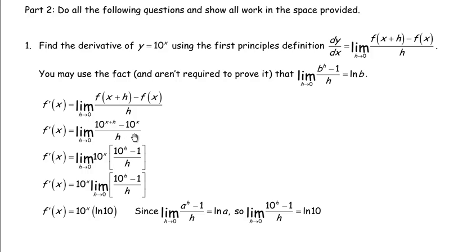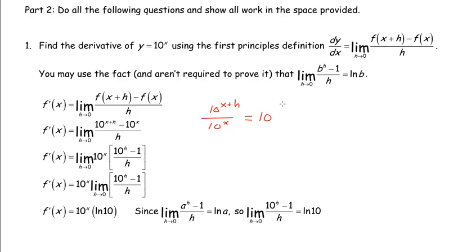And so you can factor a 10 to the power of x. That's a common factor in both parts here. So we factor that out, and remember, to know what's in the numerator, you divide each of these by 10 to the power of x. So for example, when I'm factoring 10 to the x out of 10 to the x plus h, dividing powers of the same base, you subtract the exponents.